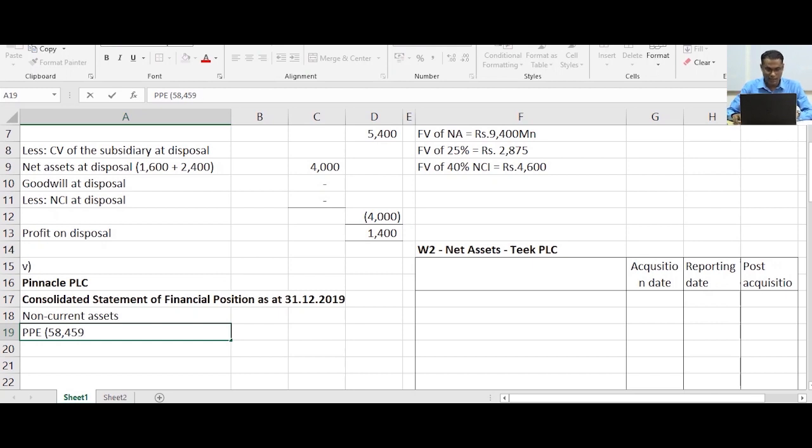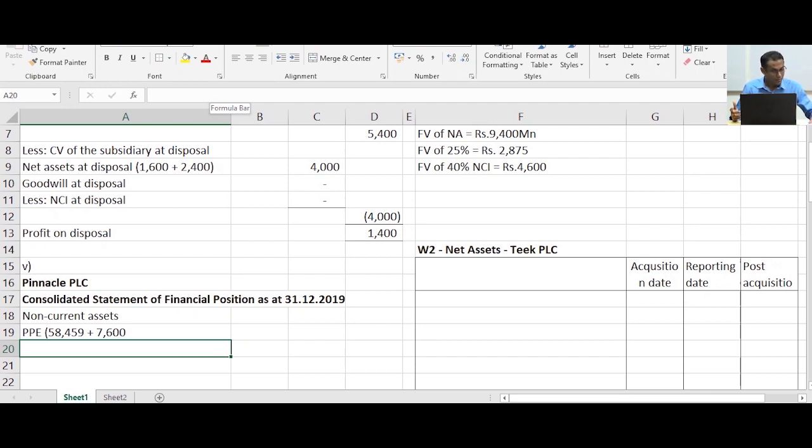To that you need to add the PP&E of Teak PLC, which is 7,600. Keep the account open. There can be adjustments.